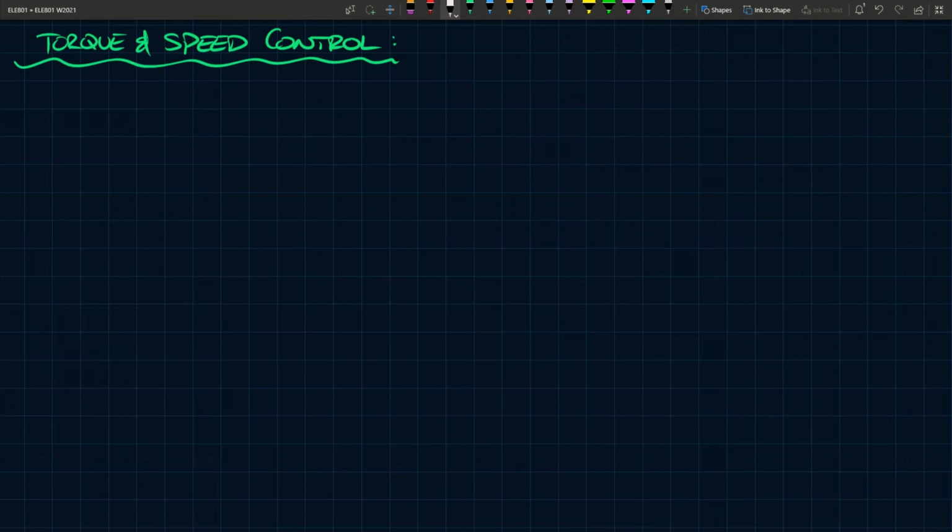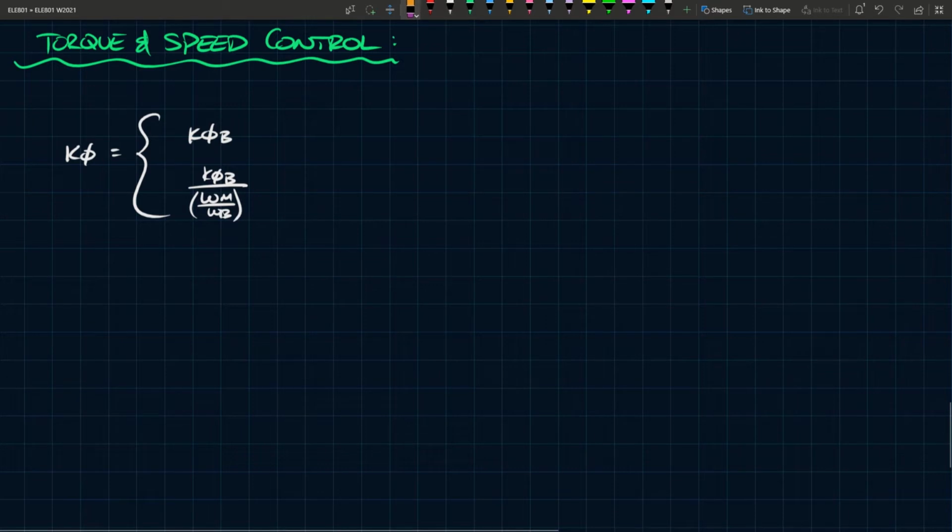So let's start with the assumption that K phi is equal to K phi B for omega M less than omega B, and K phi B times omega B over omega M for omega M greater than omega B. And again, this is omega M as some fraction of the rating, right? So again, we're going to look at all of these things relative to the rated values, but we'll make things look a bit more pleasant as we develop our models.